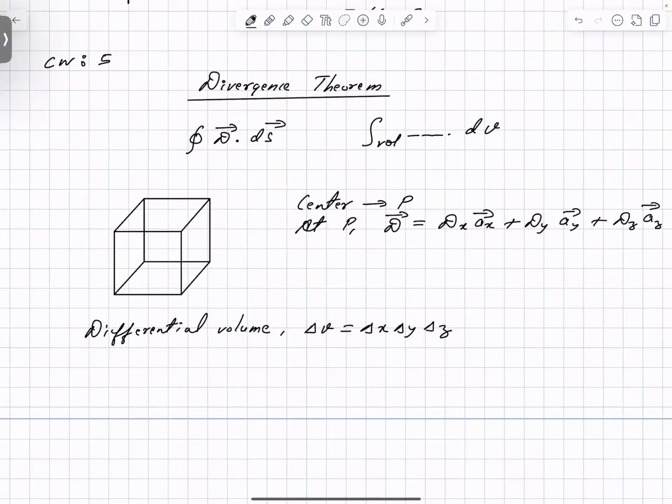And to indicate that this value is at point P, we'll use another subscript: Dx0, Dy0, Dz0. And so we're going to derive the relationship between the surface integral and the volume integral. It's okay if you don't copy this part because this is derivation. It's more important for you to understand the process.